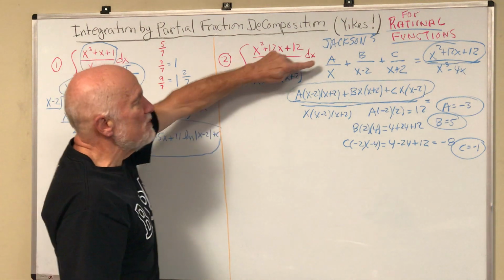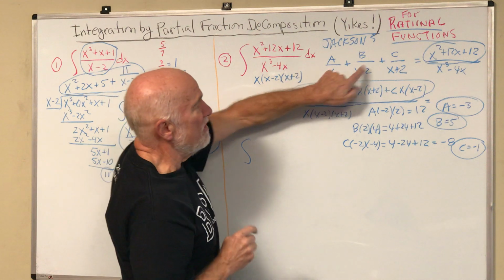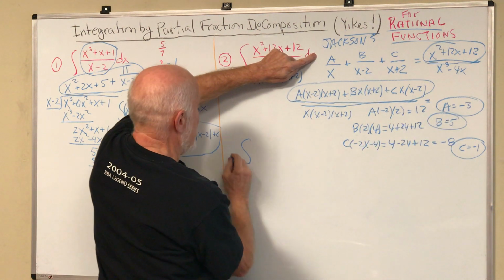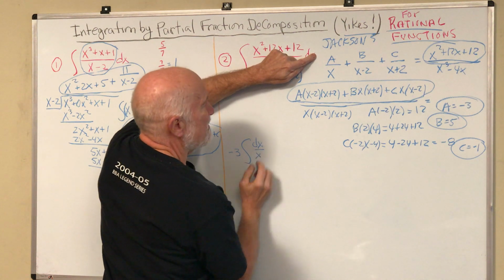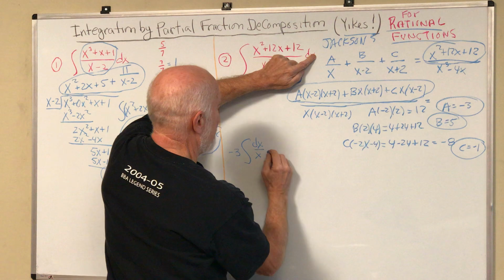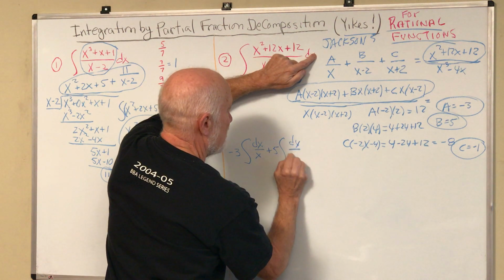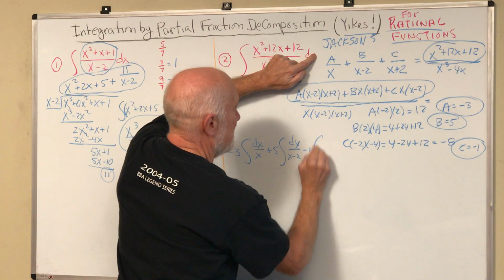Now that we have that, we can put these back and take the integral of these three. So negative 3, I can bring out front, dx over x. B is 5, again, I can bring that out front, dx over x minus 2, and c is negative 1.